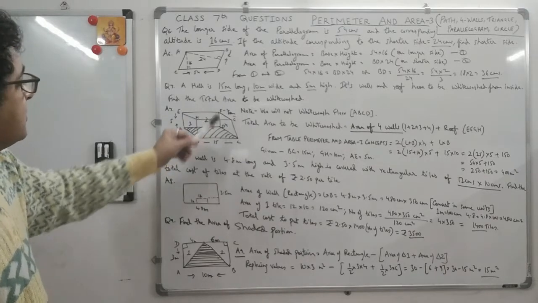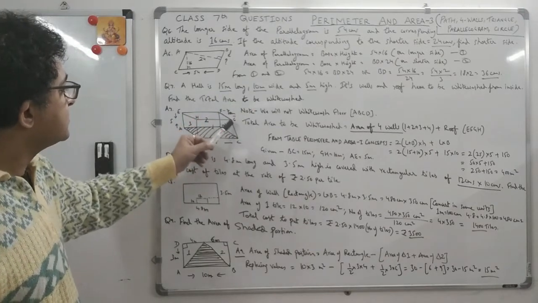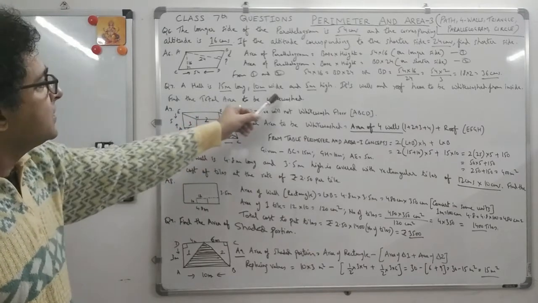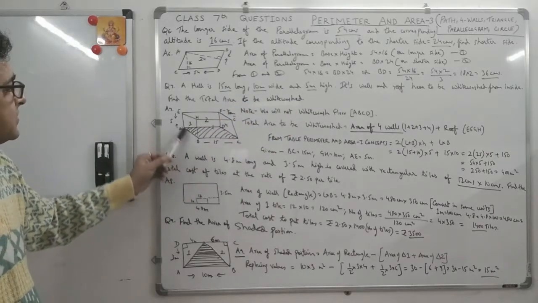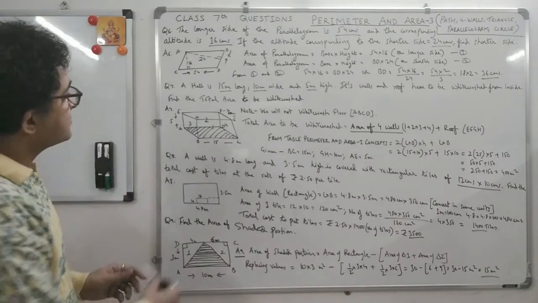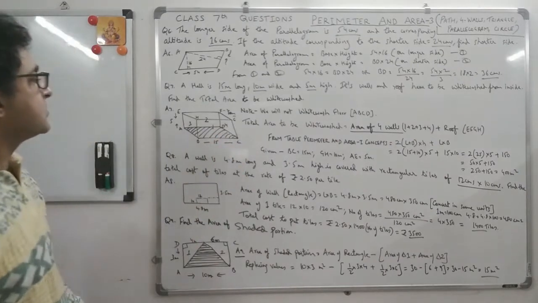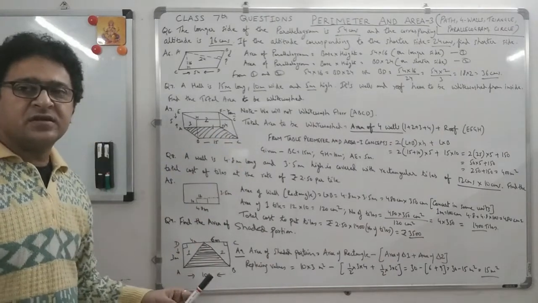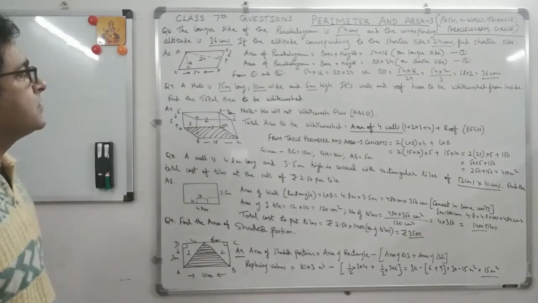So 15 meters length, 10 meters wide, GF 10 meters wide, and 5 meters high. This is the height. This and this are the same height. You can see CD and GF are the same, so basically it's 10 meters width, right? And length is BC, which is 15 meters.